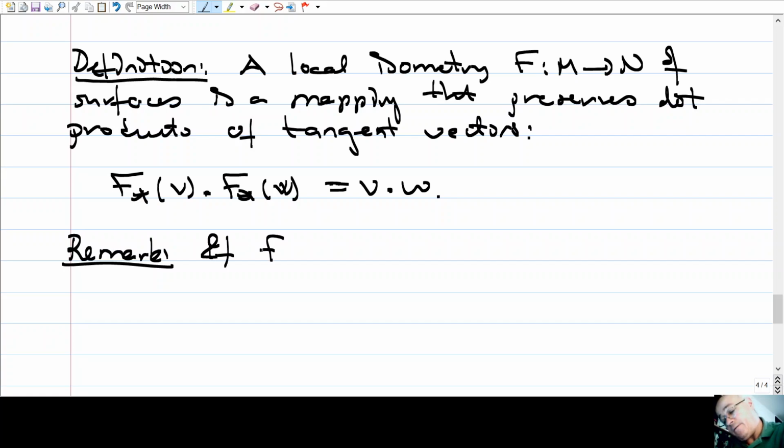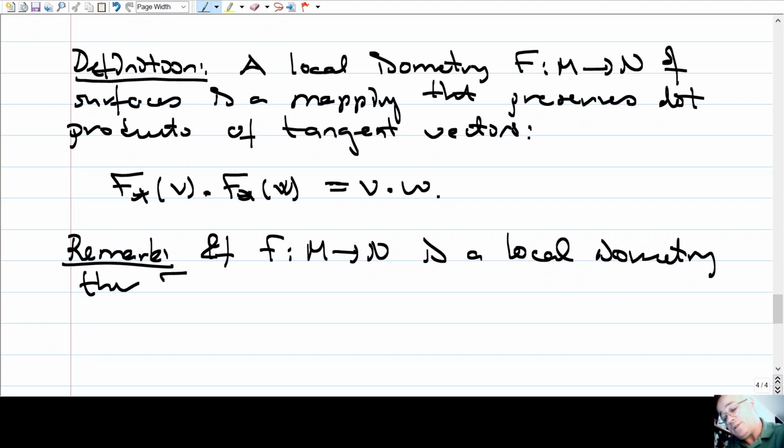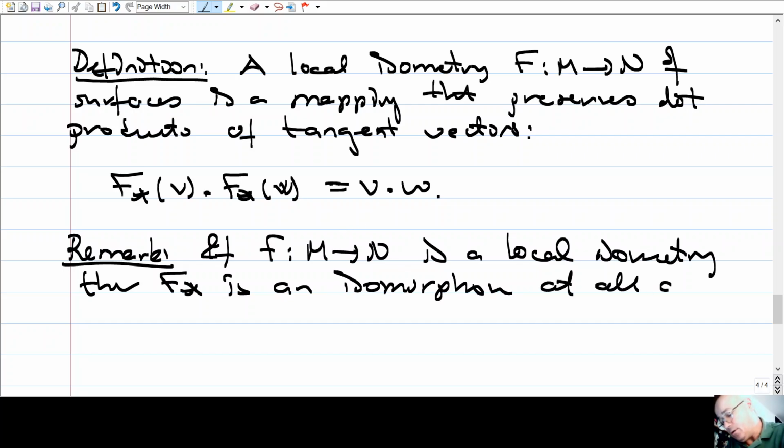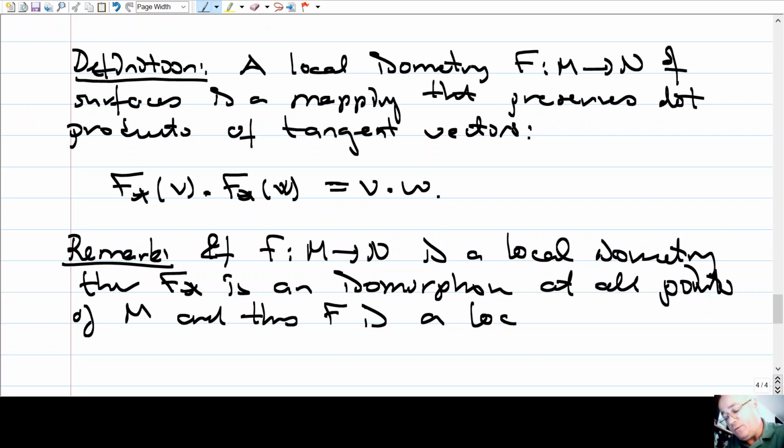If F from M to N is a local isometry, then of course F star is an isomorphism, since it preserves the inner product, at all points of M, and thus by the inverse function theorem F is a local diffeomorphism.